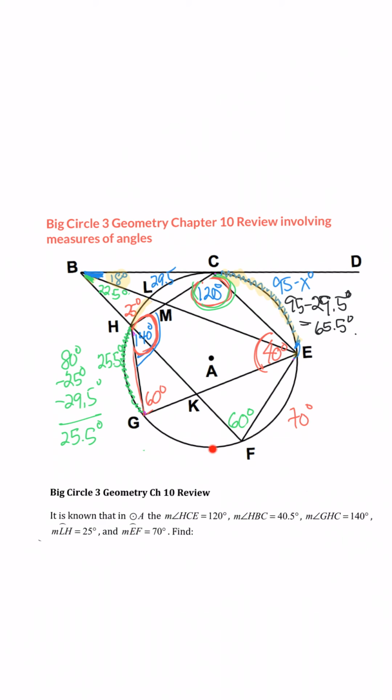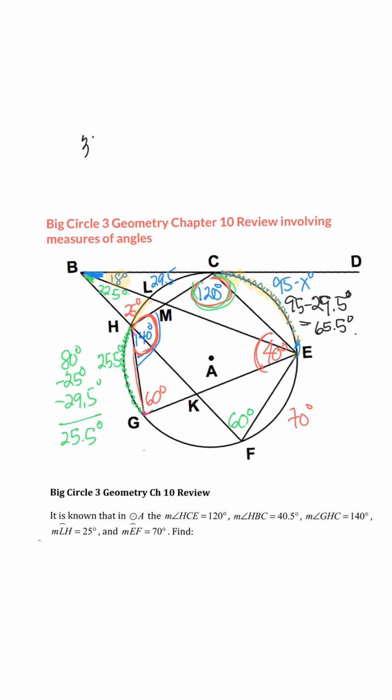The remaining arc, arc GF, is easily determined because the full circle is 360 degrees minus this arc, minus this arc, minus this arc, and the last arc, which is 70 degrees.